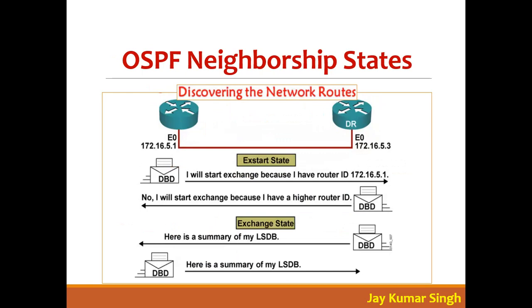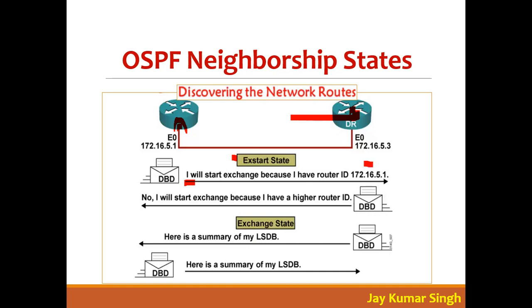After two-way state, they have just built the neighborship; they are not exchanging the database and the routing information. Once the two-way state is completed, they go to ExStart state. In ExStart state, for example, suppose this is router A and this is router B. Router A says I will start exchanging because I have router ID 172.16.5.1.